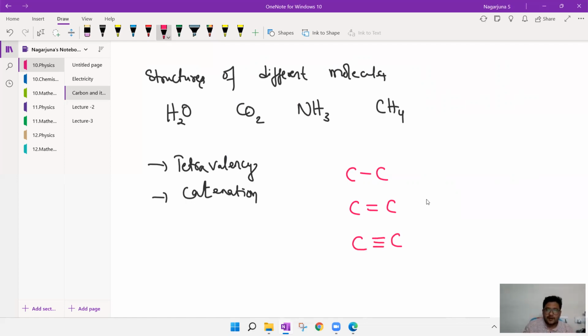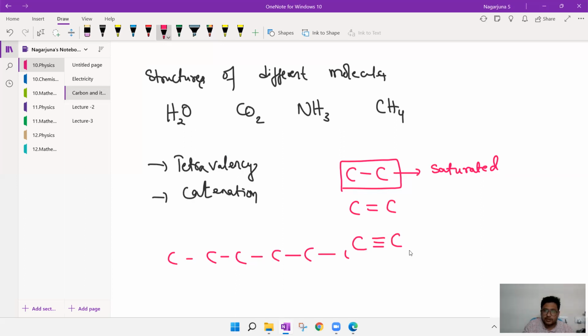Now, if carbon is going with only single bonds between carbon, I mean, if there are only single bonds, then we are calling it saturated.